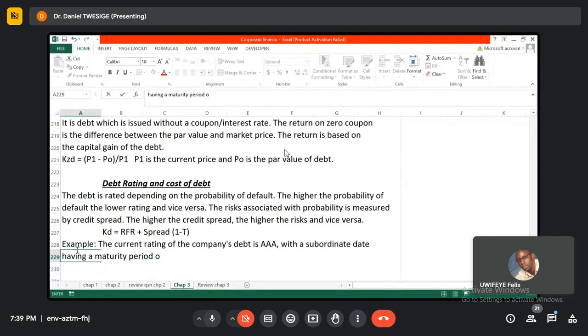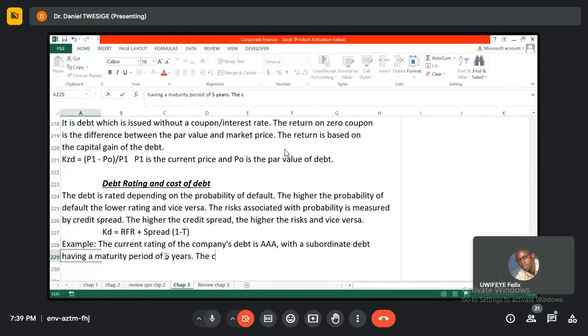That's the senior subordinate debt. It's like a senior debt. With a maturity period of 5 years.